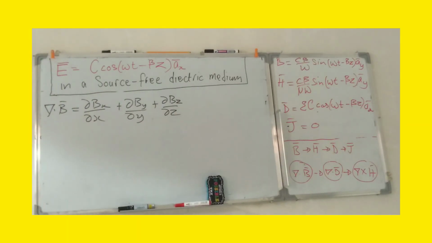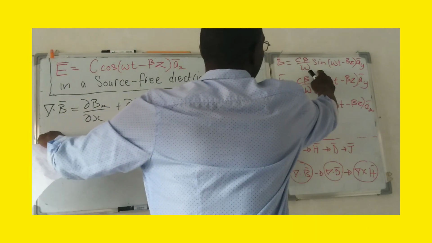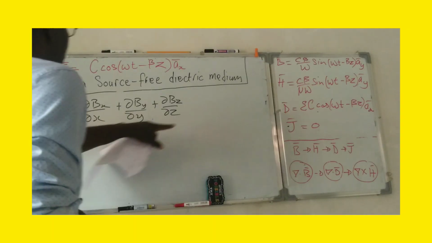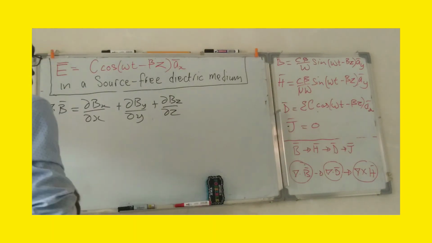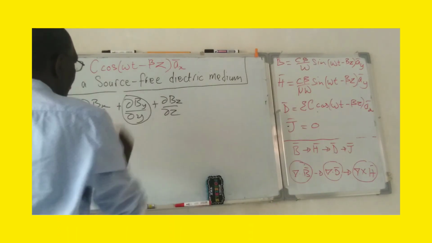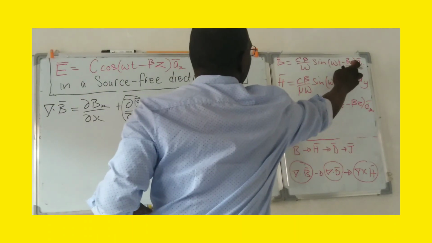Now, if you look at our B here, where's our B? It's this one here. It's along the y direction. So there's nothing here, there's nothing there. We are only interested in this part here. But when you look at B, it's not a function of y.